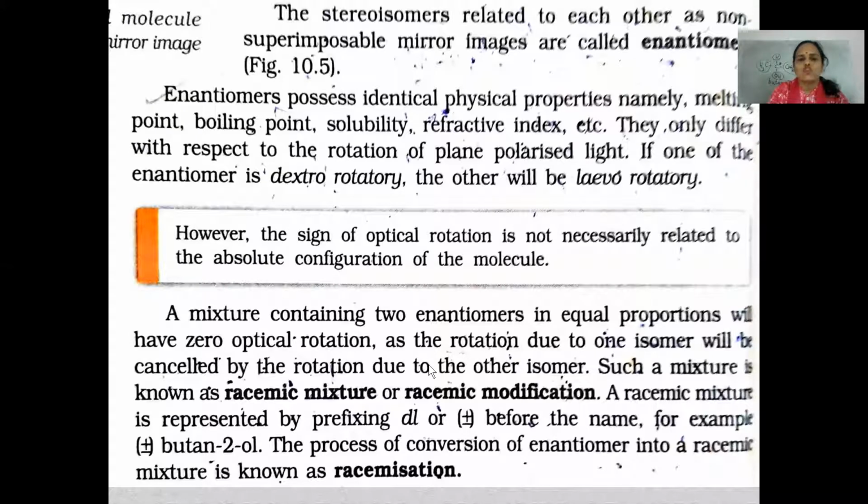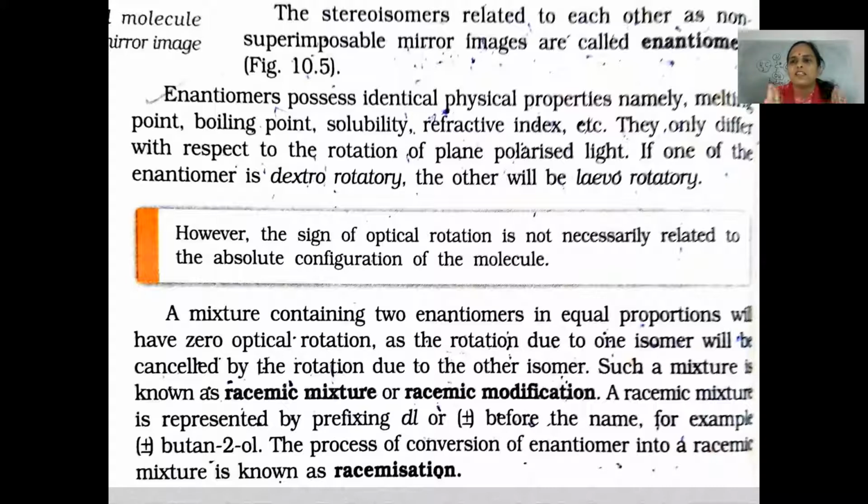A racemic mixture is represented by prefixing DL or plus minus before the name. For example, plus minus butan-2-ol, and the process of conversion of an enantiomer into a racemic mixture is known as racemization. I hope now you have understood the term racemization.